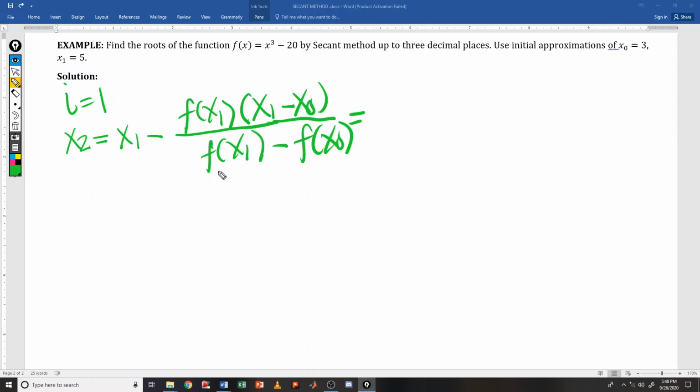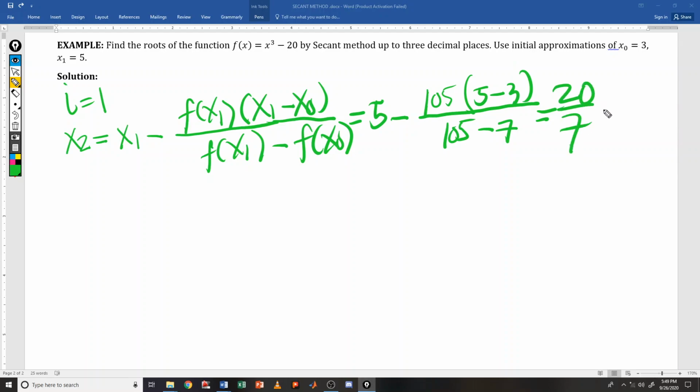Substituting, x1 is 5, minus f of x1, which is 105, multiplied by 5 minus 3, over 105 minus 7, the value of f of x0. So we get x2 equal to 20 over 7.